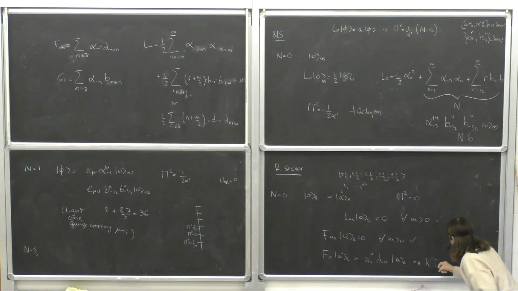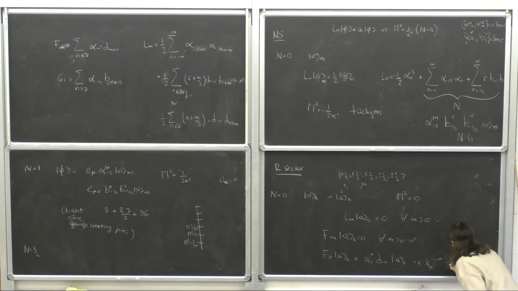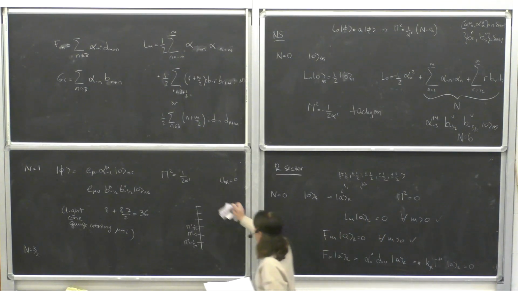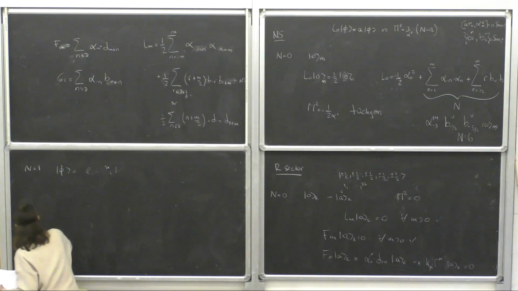So k mu gamma mu, where gamma mu has two indices A, B acting on B, but let me not write spinor indices. K mu gamma mu acting on this is equal to 0. And this is Dirac's equation. So it's a massless spinor that satisfies Dirac's equation.